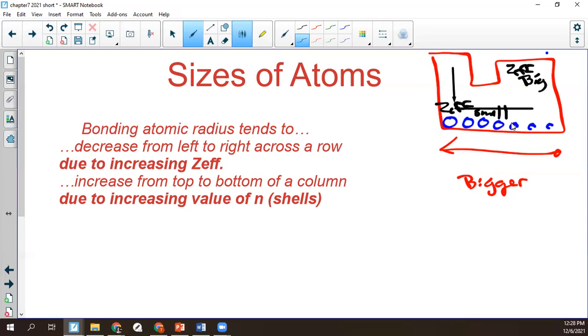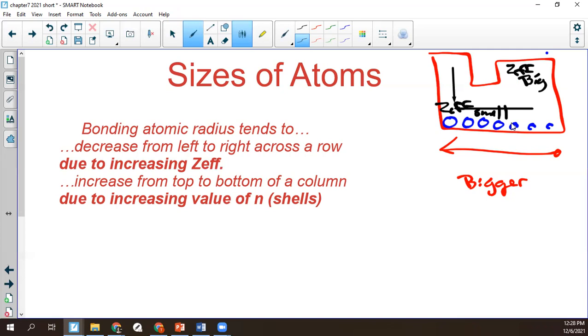If the electron is not as attracted, it's farther away. If Zeff is small, if the electron is not as attracted, the atom's bigger. Remember, the positive nucleus attracts the negative electron. The more they attract, the closer they are. The more they attract, the smaller the atom.